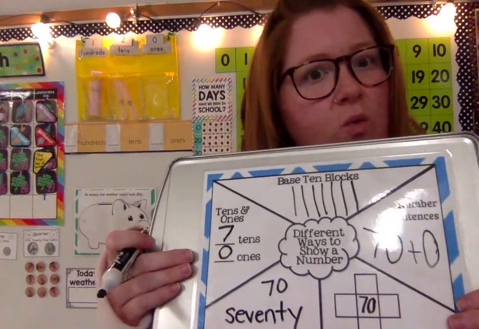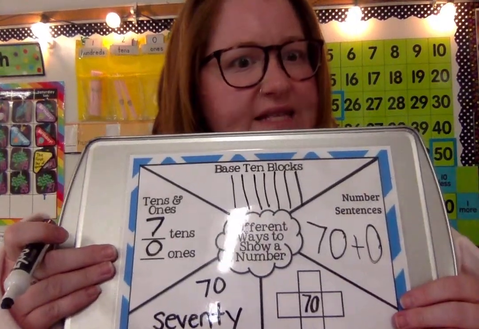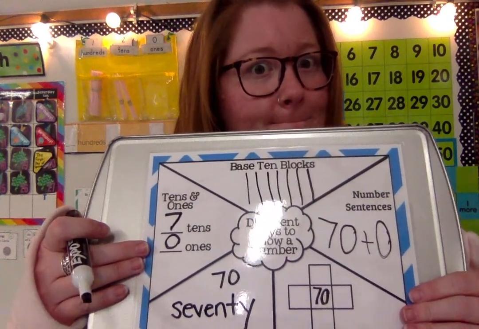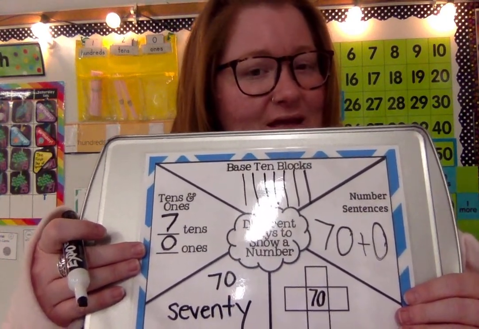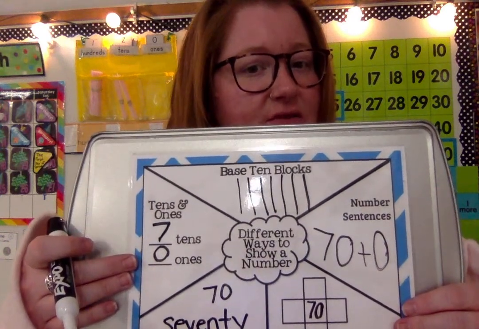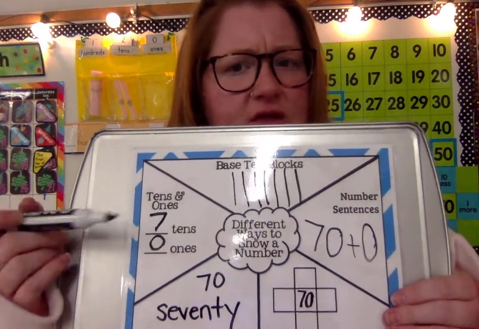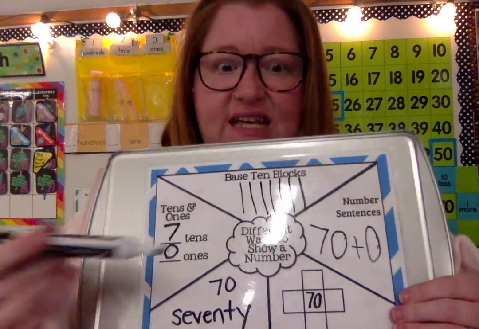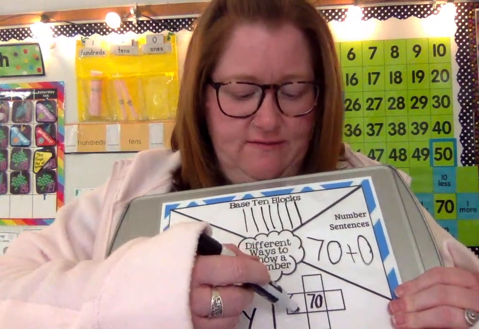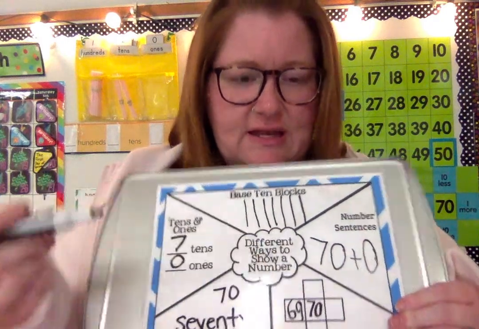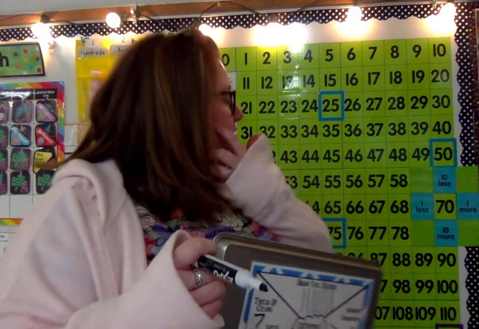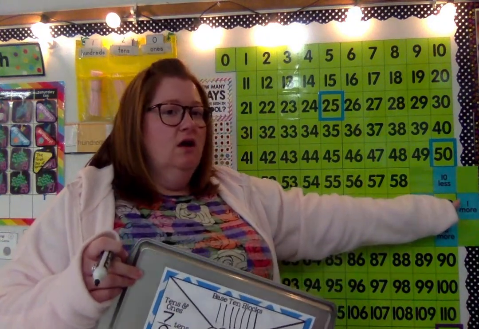Do we remember what 1 less is from 70? It's different. We would have to do something with the 10 to be able to really do it and show it. 69, right? Right before 70 is 69. What's one more? It's tricky because it's not right beside it on our 120 chart.